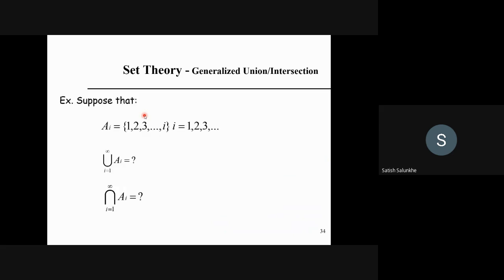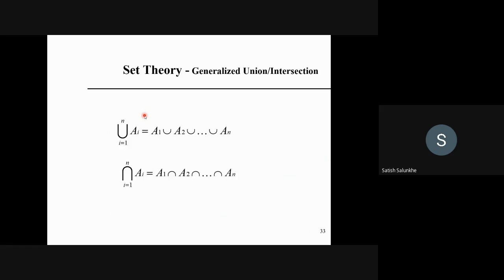So let us try to understand. In general, if you have some sets like A1, A2, A3, A4, this is just a union. Just like in mathematics you have the summation formula, summation i equal to 1 to n, with some terminology having subscript i. In a similar way, you have sets like A1, A2, A3, and you want to perform the union operation.